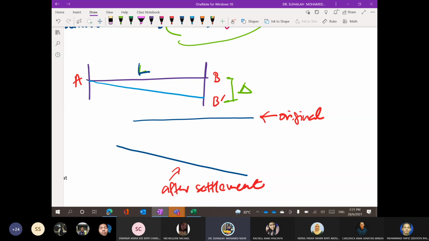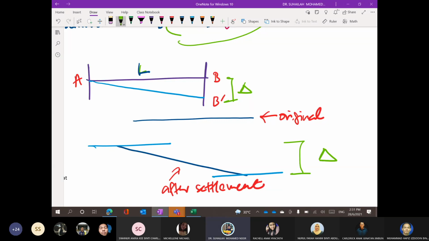So our reference line here is the horizontal line, because this horizontal line is actually the original position. This is the delta, and the delta is perpendicular to the member.